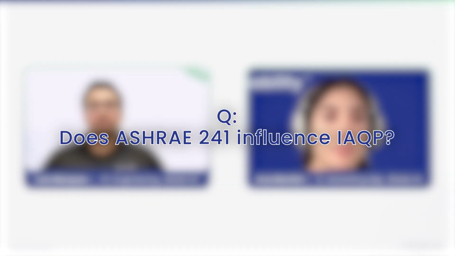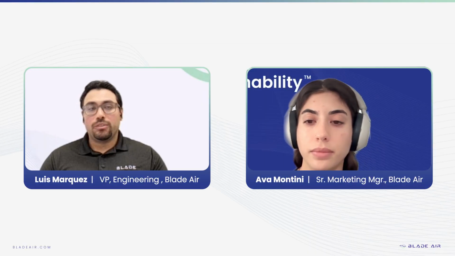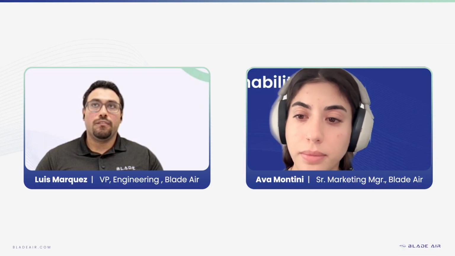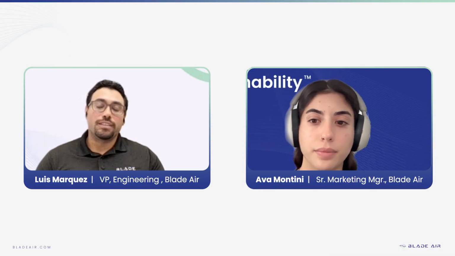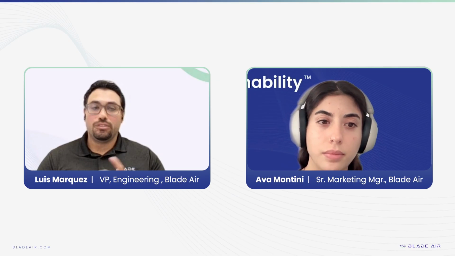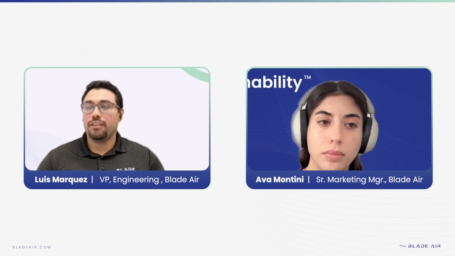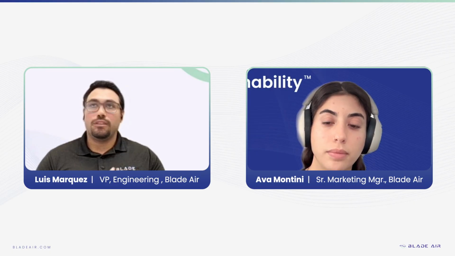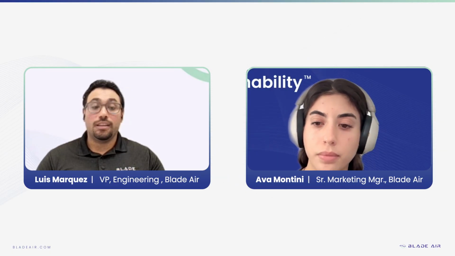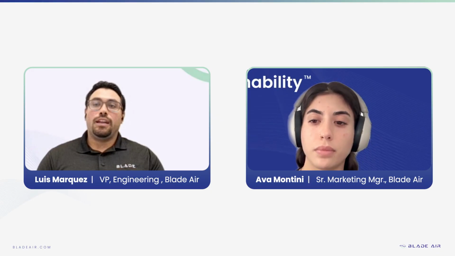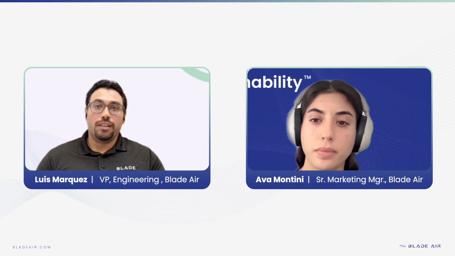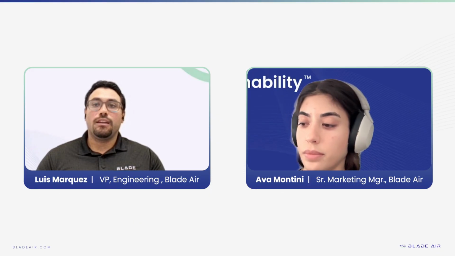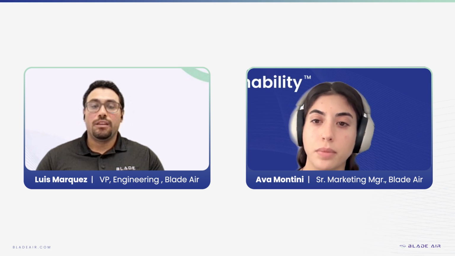Does ASHRAE 241 impact any of this? That's a great question. ASHRAE 241 is meant for bioaerosols, which I didn't have any of in my example. So that's viruses, bacteria, and any other of these types. ASHRAE 241 was really developed for something like the COVID-19 pandemic.